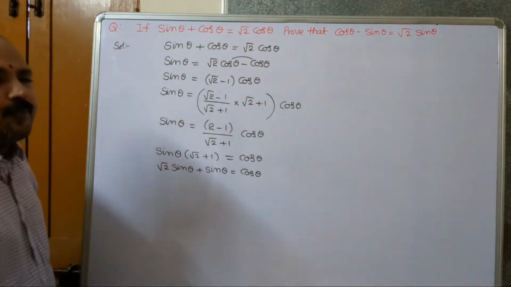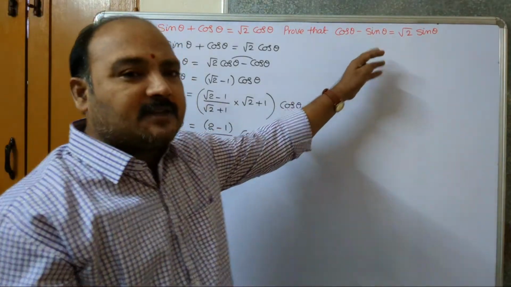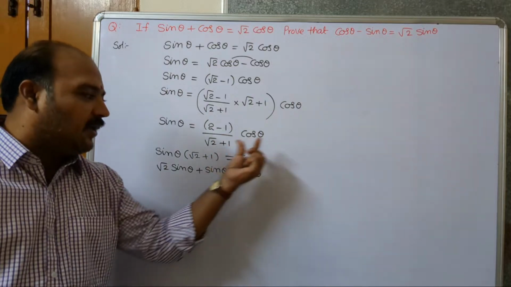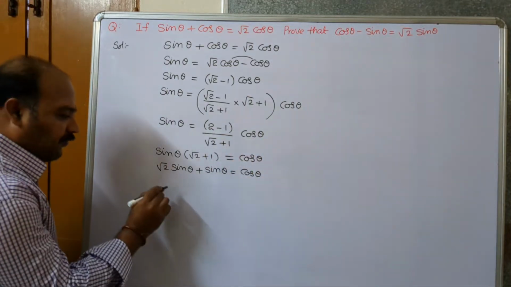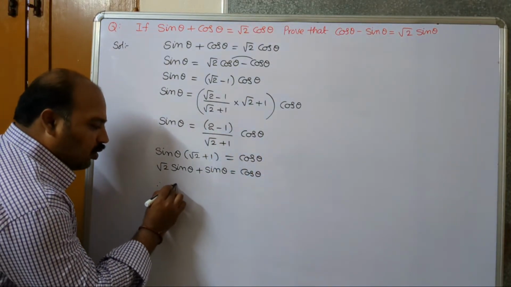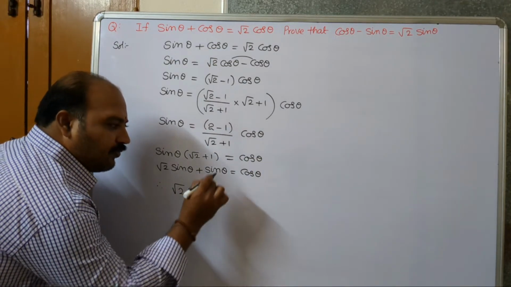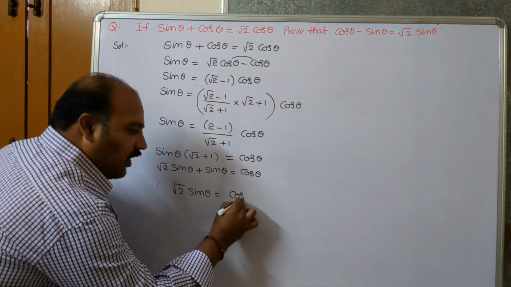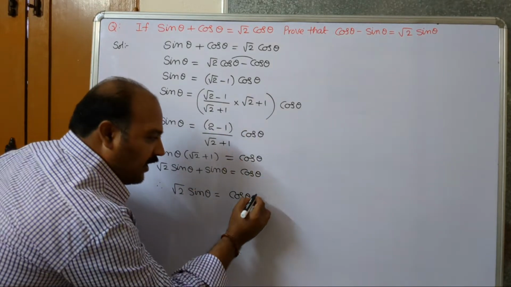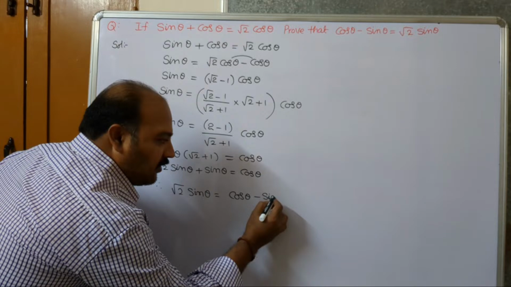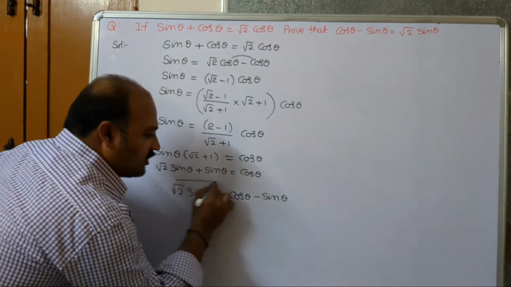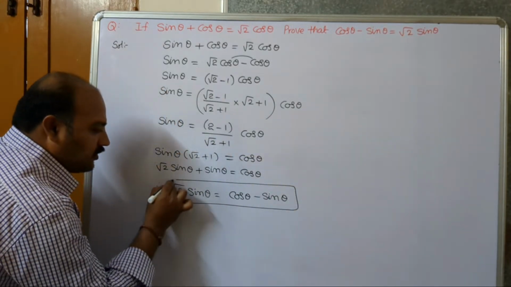They are asking to prove cos theta minus sin theta, which means here sin theta we bring to this side. Therefore, root 2 sin theta is equal to cos theta minus sin theta. So hence the result is proved.